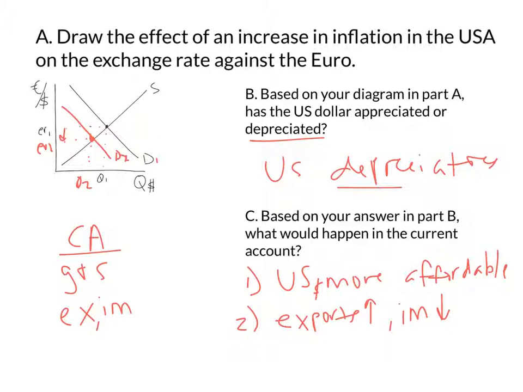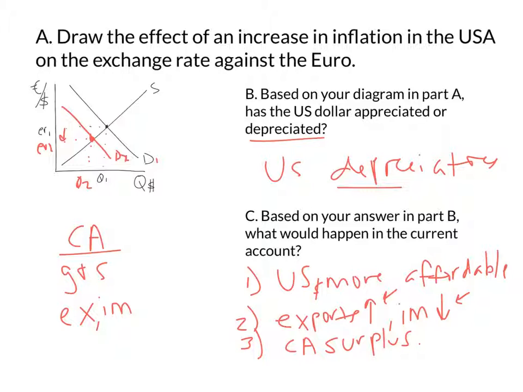Americans are going to find it harder to buy foreign goods because of the relative exchange rate change. So that means there's going to be more inflows, exports, than outflows, imports. So therefore, the current account is likely to increase or go into a surplus as those exports now bring more money in.